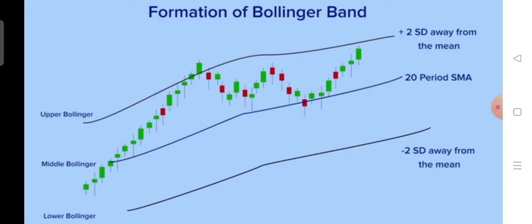Instead of two, people can draw this Bollinger Band at one standard deviation away or three standard deviation away according to their will. But the standard is that people use the 20 period simple moving average, and two standard deviation away up and down for the Bollinger Band.